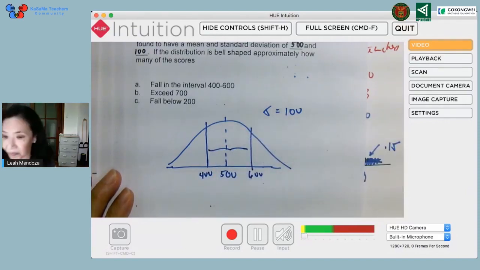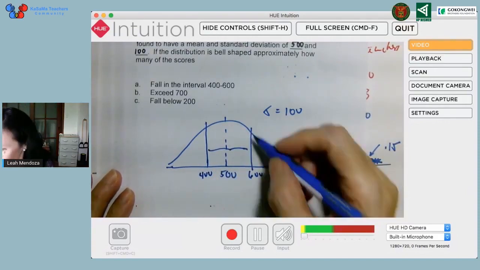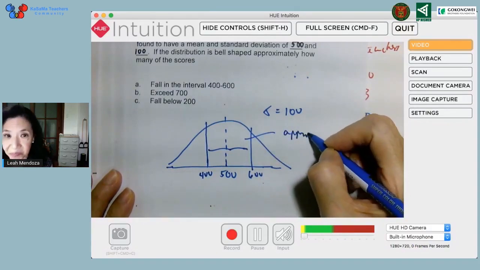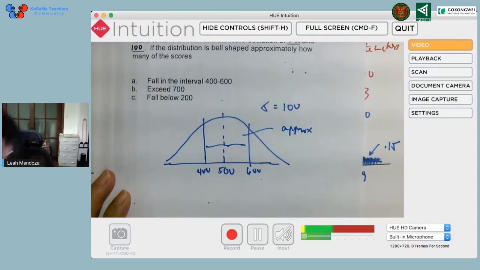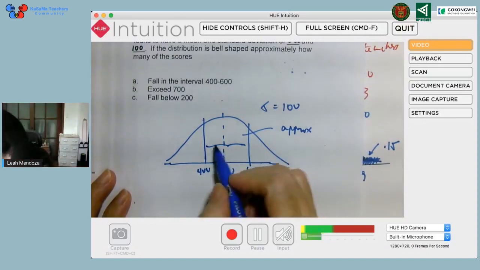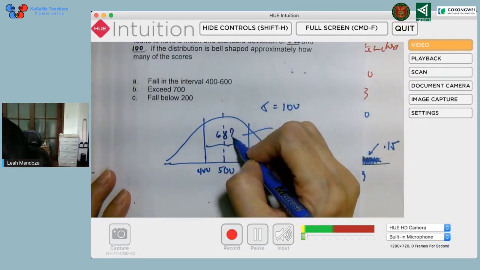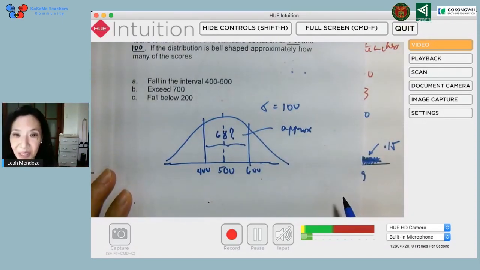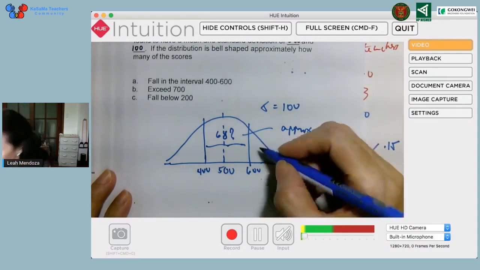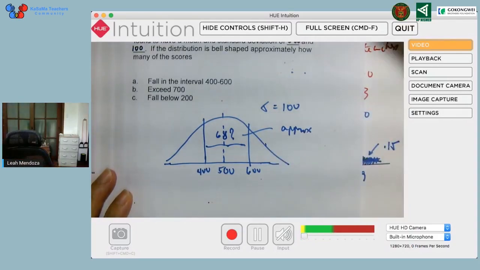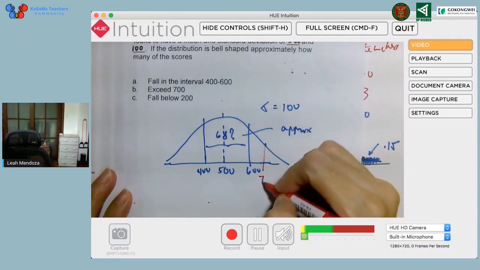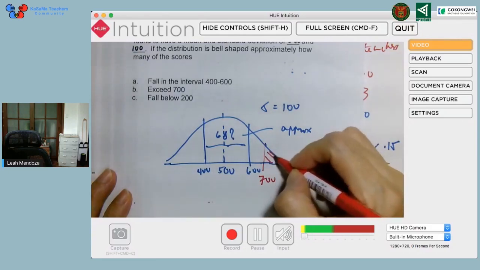What is the answer? Approximately? For letter A? Very good. Because this is 68% approximately. So 68% times 1,000 is 680. Very good. Now, how about above 700? Here.